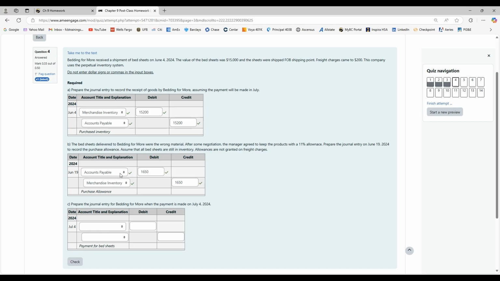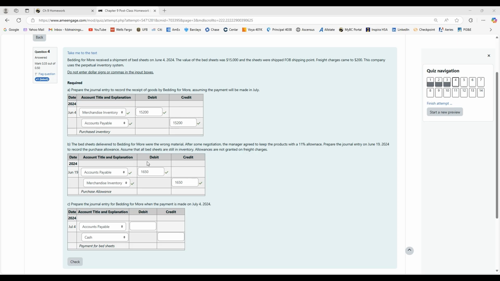Okay, and now finally we're going to make a payment. And here we're getting rid of our payables in total, the remaining payables, think of that there. And then we've got cash going out, right? That's kind of our standard payment there. Okay. And so we take our 15,200 and then we subtract out the 1,650. So here's the original increase to our liability for the purchase.